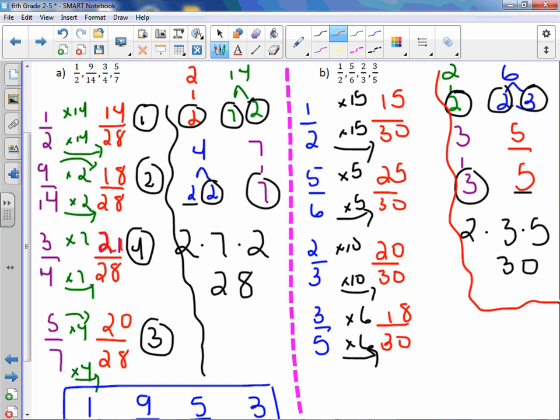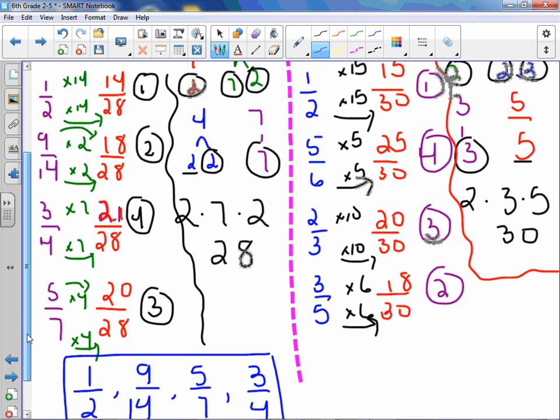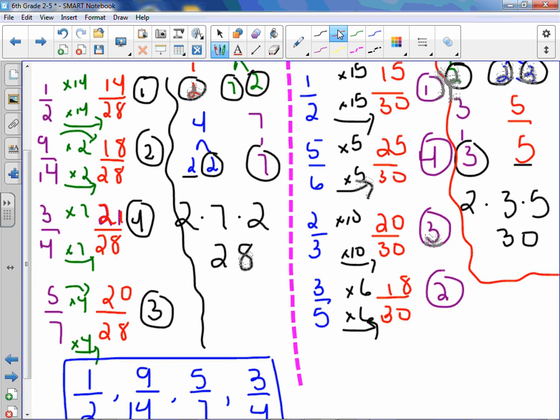We are still numbering from least to greatest, so compare the numbers. 15/30 is the smallest. Then we have 18/30, 20/30, and 25/30. Last step is to write them in the original form.